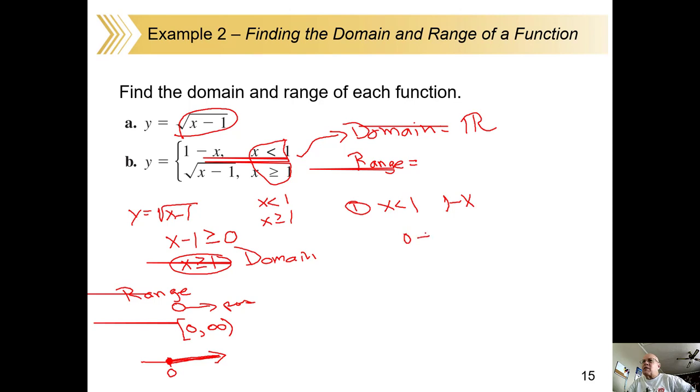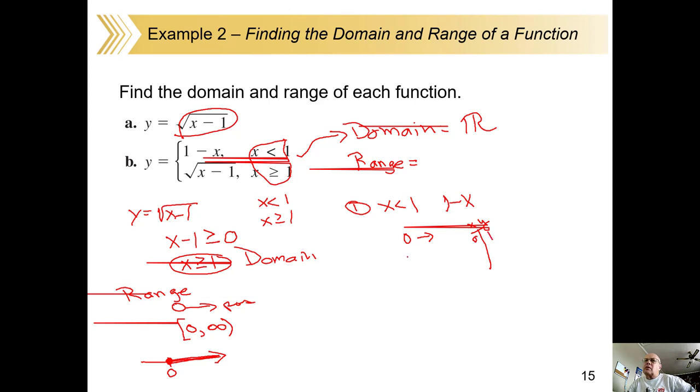If I use a 0, in fact, you might make just a table of values just to get an idea of what's happening. If I used a 0 in here, I'd have 1 minus 0, which would be 1.